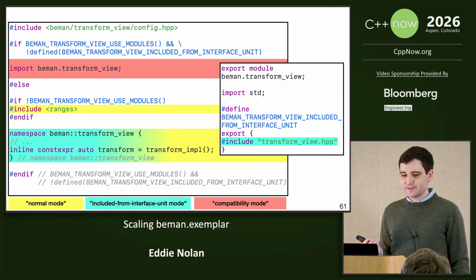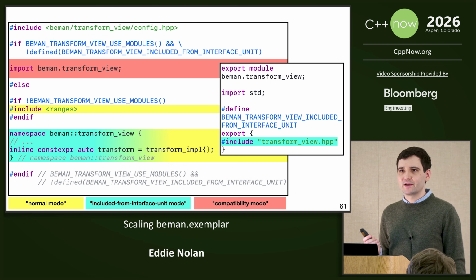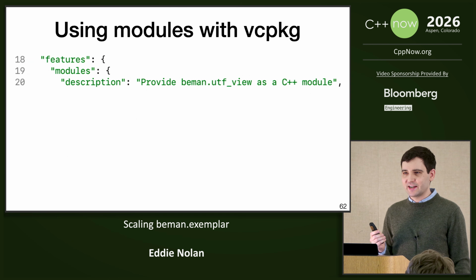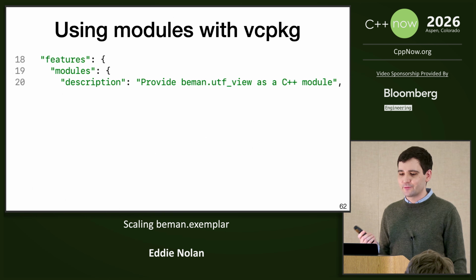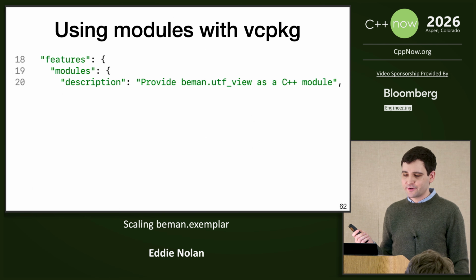One cool thing about this is that when we combine this with the VC package approach that we had before, VC package has this features feature that lets you specify to VC package which alternative configurations of your library you want enabled. And so beam and UTF view is module enabled now with this mechanism.